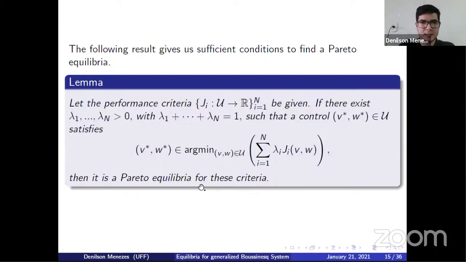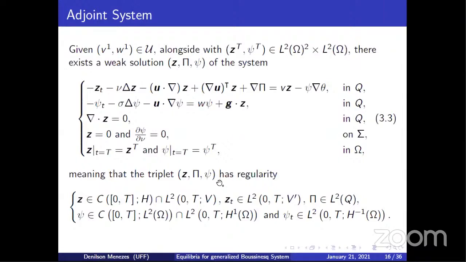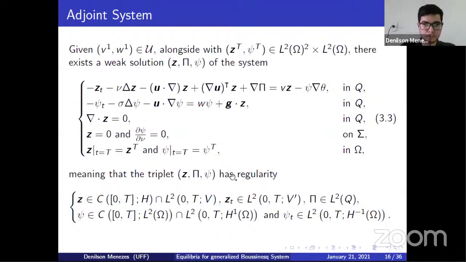So this gives us sufficient conditions, and now we try to find necessary conditions. Before continuing, I present the adjoint system of our linearized system that is given by this system, and we can find a weak solution in those spaces.